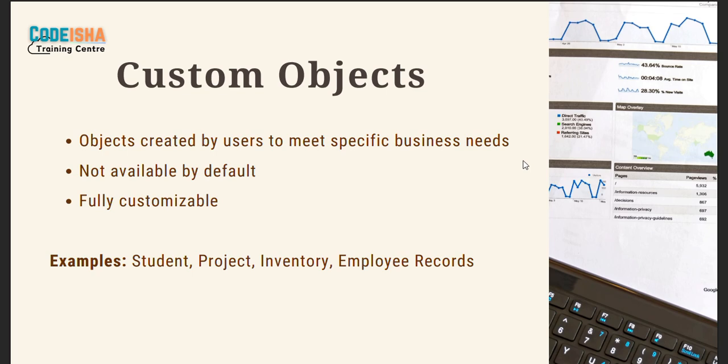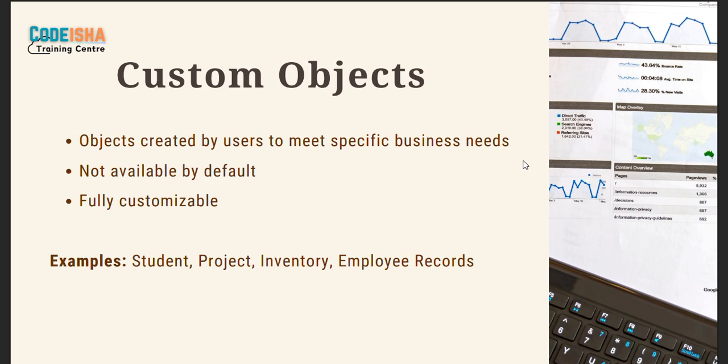So these are fully customizable for custom objects. Here are simple examples of custom objects: student, project, inventory, employee records, patient records, or session records. Those are what we call custom objects.